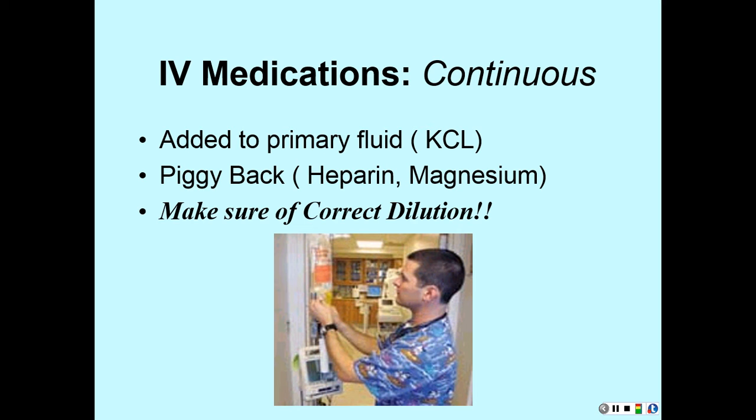You've got to make sure, though, that it's the correct dilution for what you're giving. Your medicine may be added to your primary fluid. Things like KCl. You may have a bag that's 1,000 cc's of normal saline with 20 of KCl.